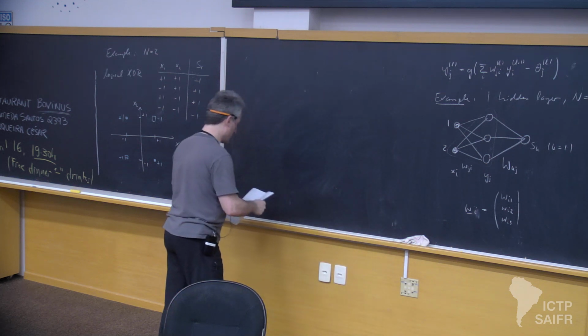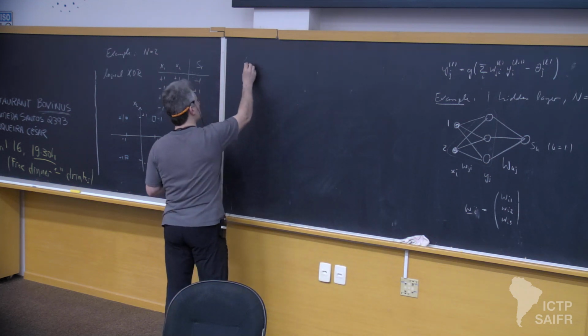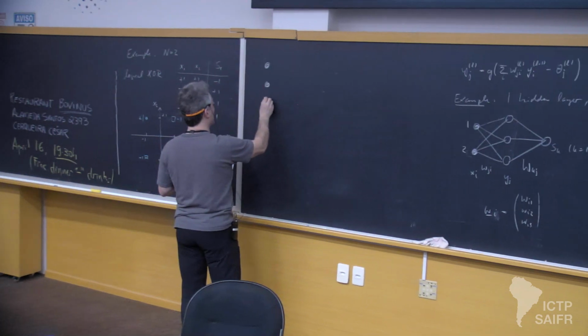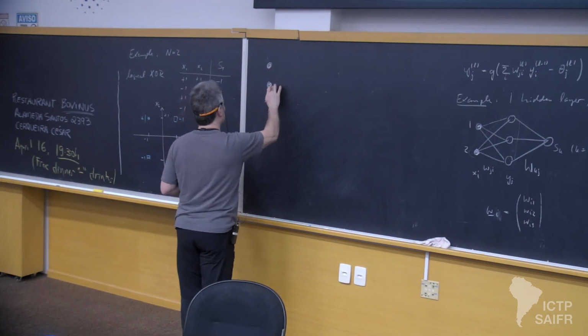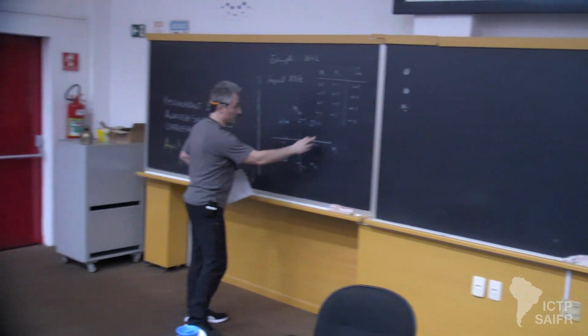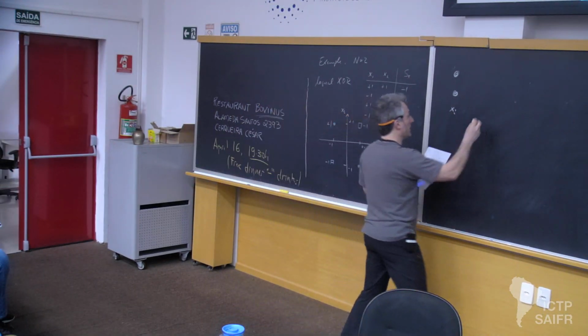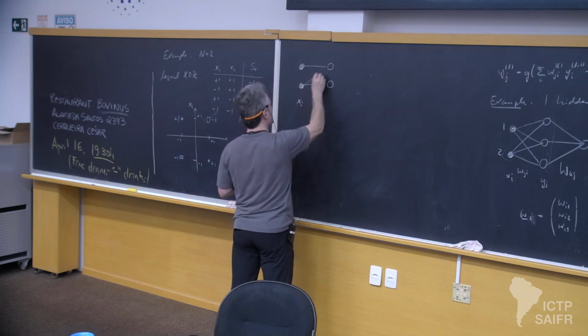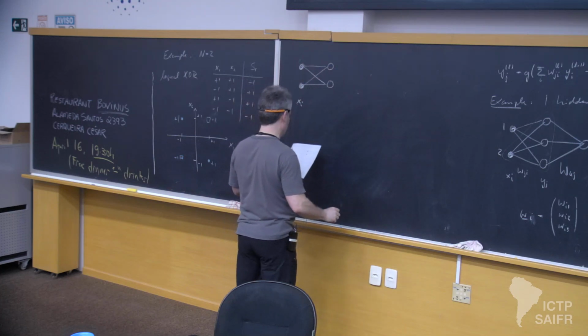So the network looks like that. It has 2 input neurons because I'm in 2-dimensional feature space. Then it has 1 layer with 2 hidden ones. They're connected like that.